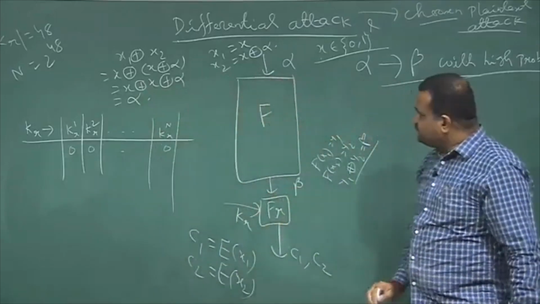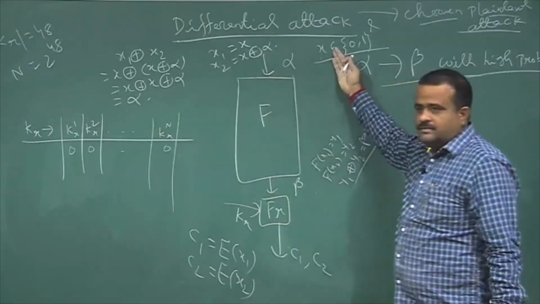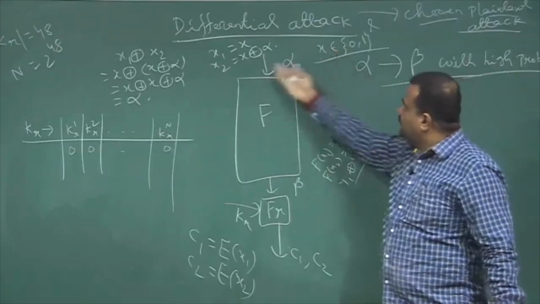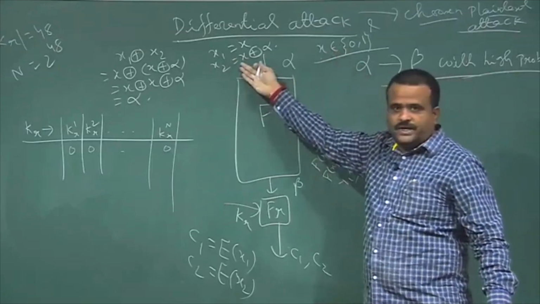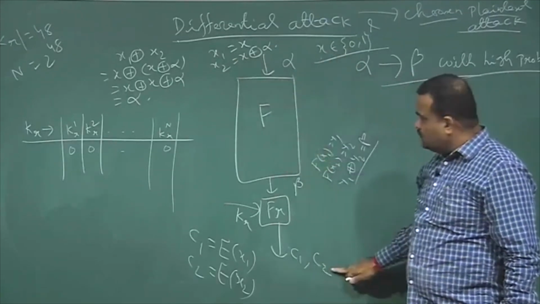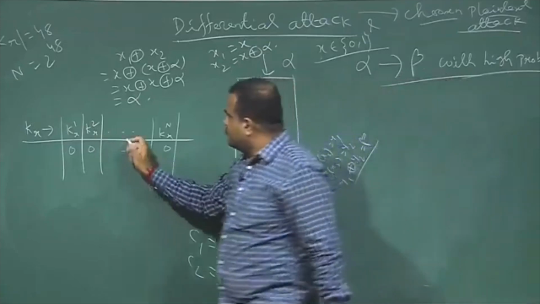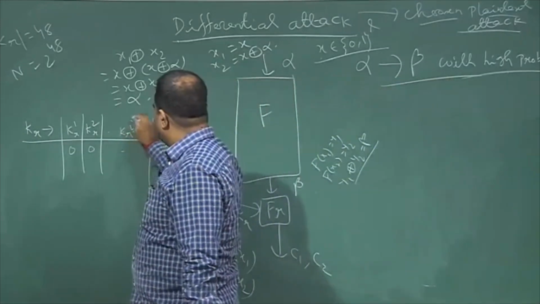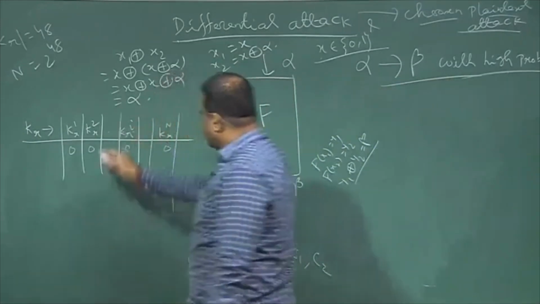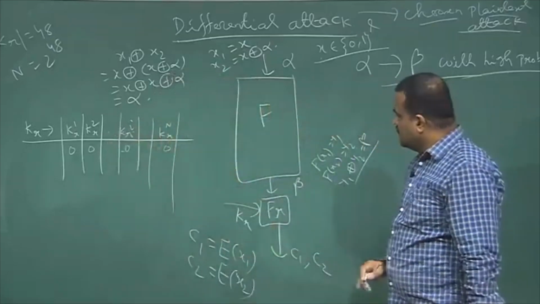Now, what do we do? We choose a plain text, and we get x1, we get the corresponding x2, and we get C1, C2. Now we choose a candidate KRi, which is initialized at 0. This we will try for all possible KRi.